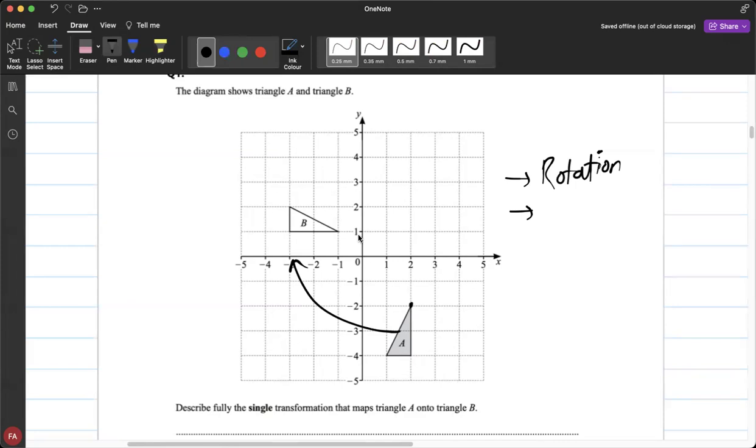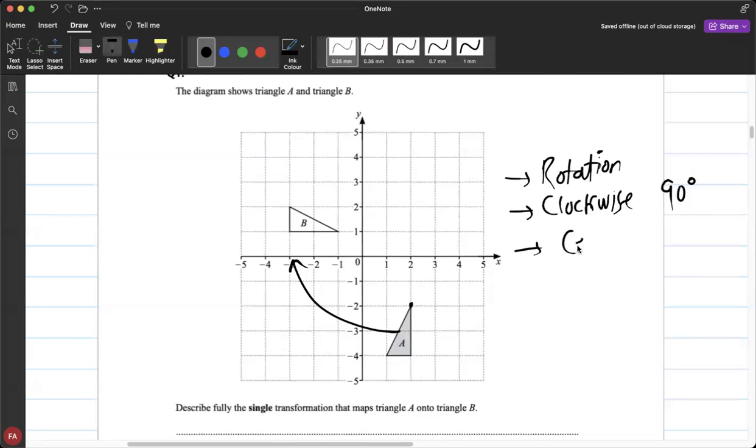Just use that to work out how clockwise moves. You should know the clock always goes in this direction. So I can clearly see this is moving from 6 all the way to 9. So this has to be a clockwise shift. And as for the angle, I can clearly see that it's 90 degrees.